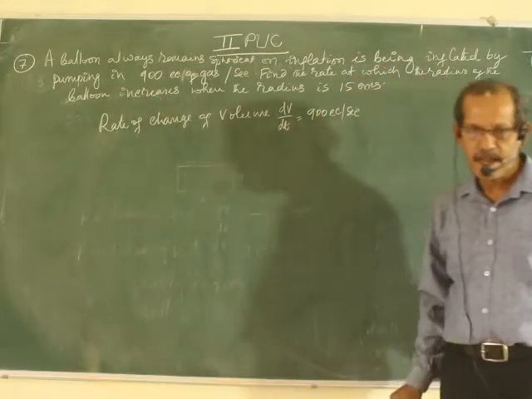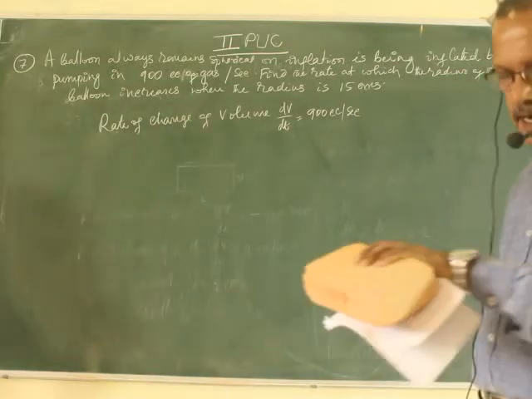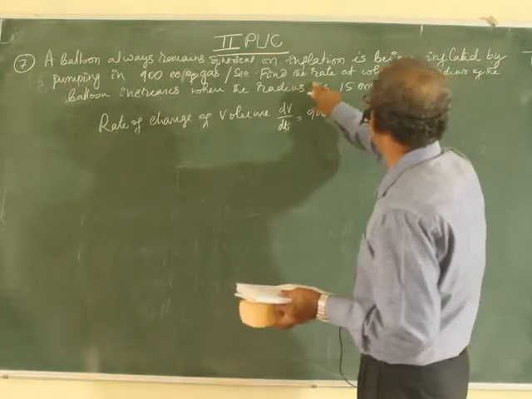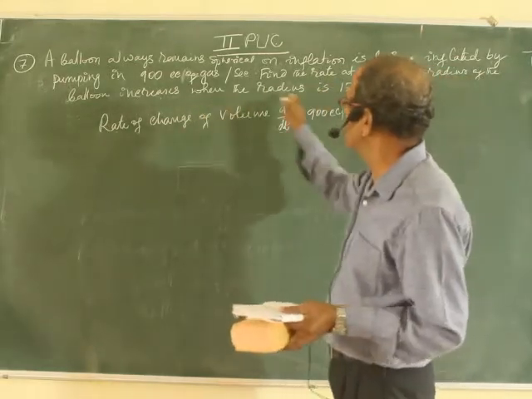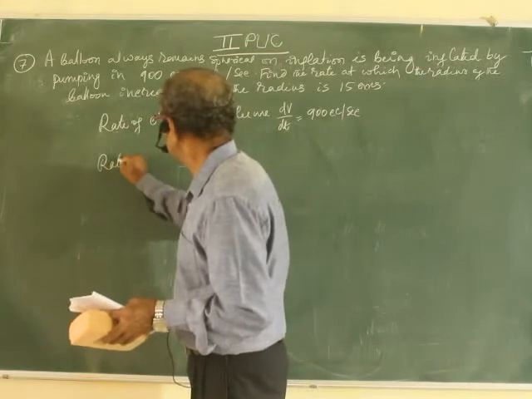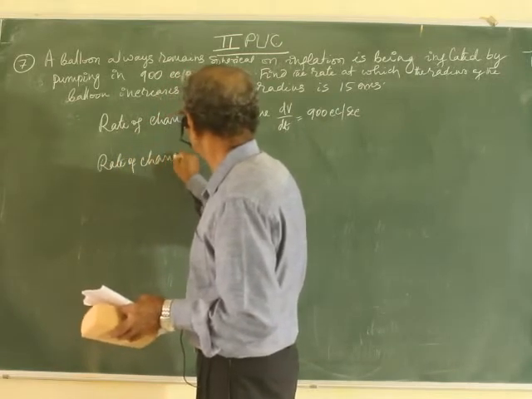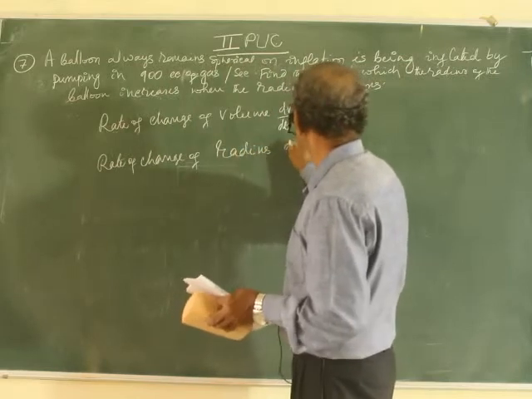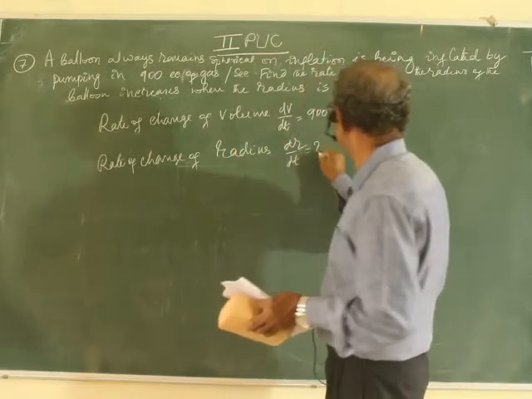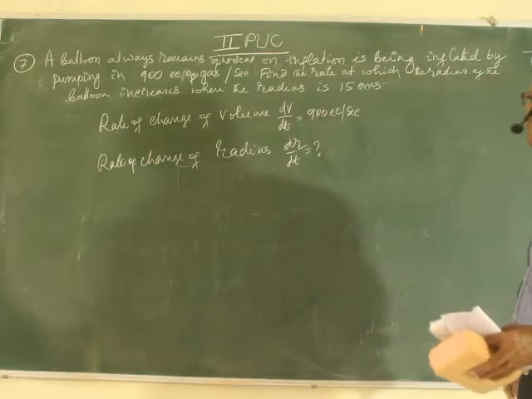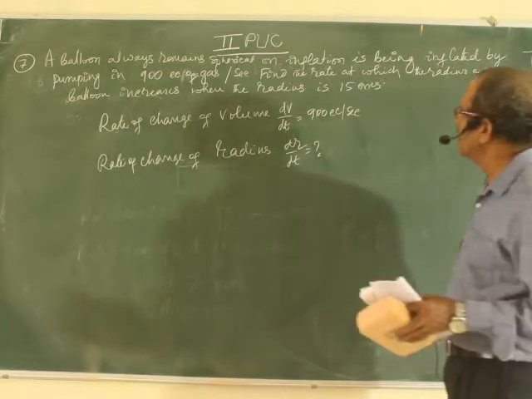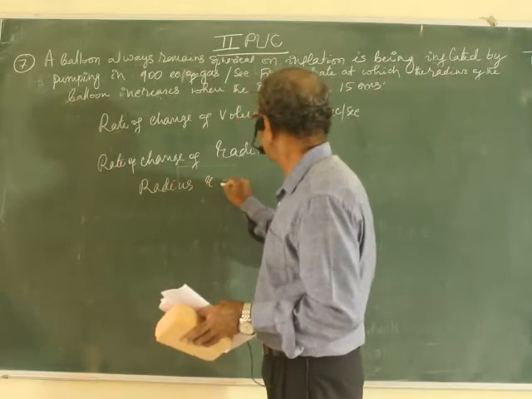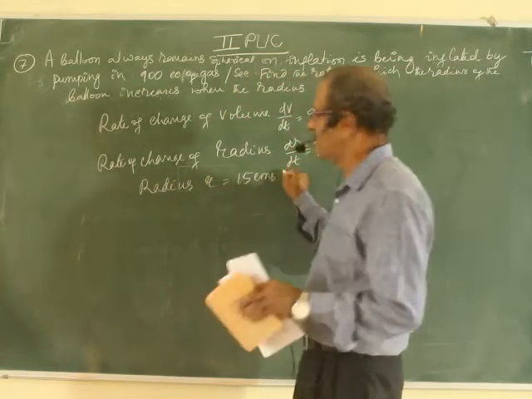Second one is, find the rate at which the radius of the balloon increases. Rate of change of radius, dr by dt, equal to how much? Okay, next. When the radius is 15, so all the things are listed. Radius r equal to 15 centimeters.